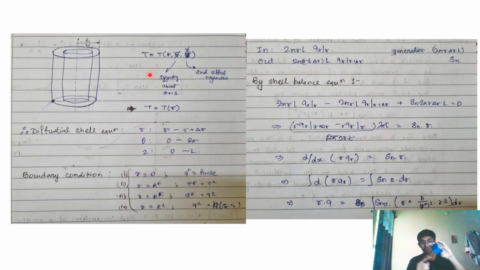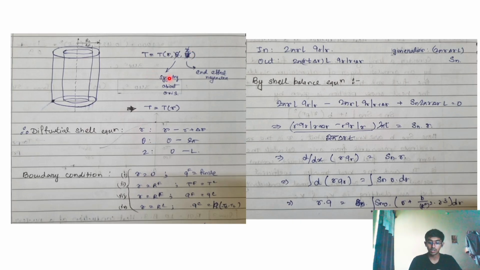So it is symmetric about theta. About z, the first portion when it comes to the ambient surface temperature and the last portion are the end effects. We will neglect these end effects, so we neglect the z direction and theta direction.